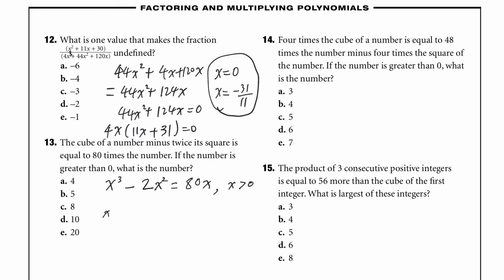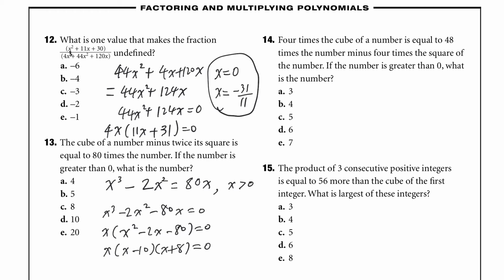Well, this can be solved easily by moving everything to one side first. And let's factor the common factor, x squared minus 2x minus 80. So give me two numbers that multiply to give you negative 80 and add to give you negative 2. Well, that's negative 10 and positive 8.